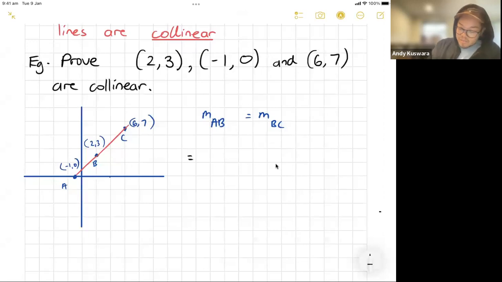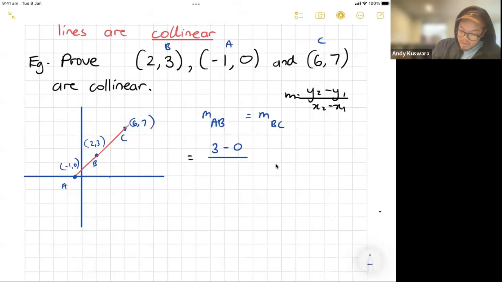Let's try it. Remember your gradient formula is y2 minus y1 over x2 minus x1. So the gradient of AB, where (2, 3) was B, that's A, that's C. If I'm talking about AB, it's y2 minus y1, so 3 take away 0, over x2 minus x1.